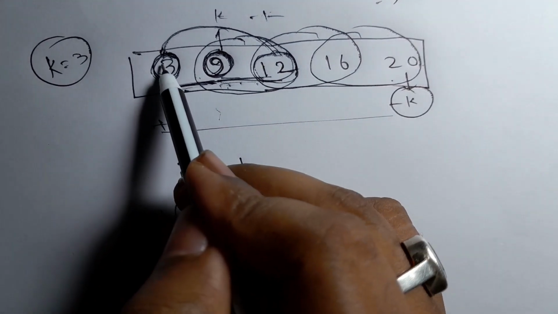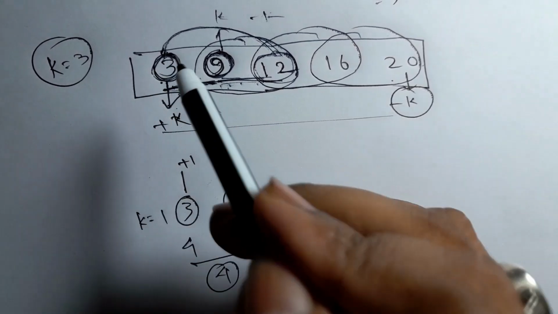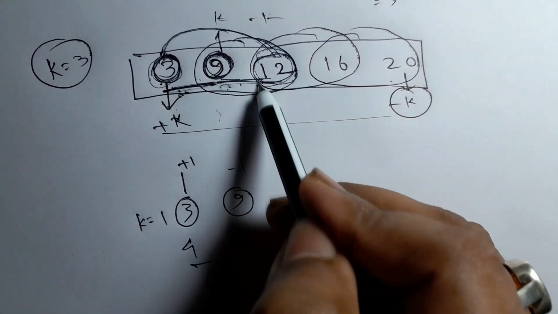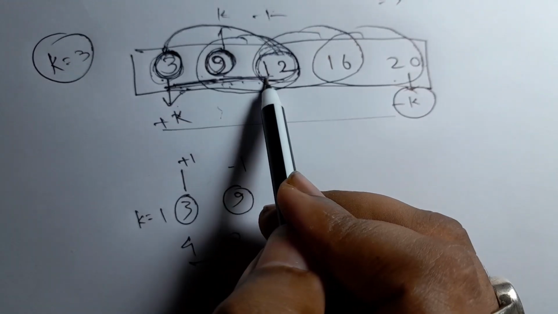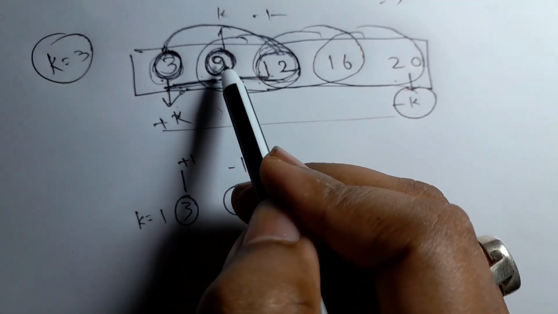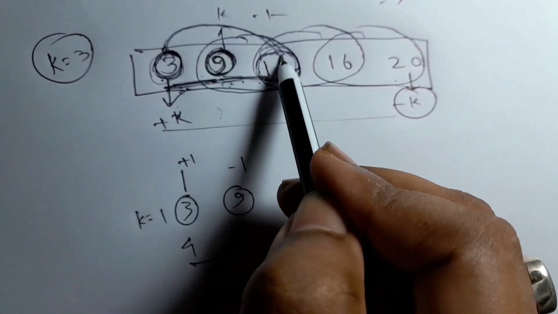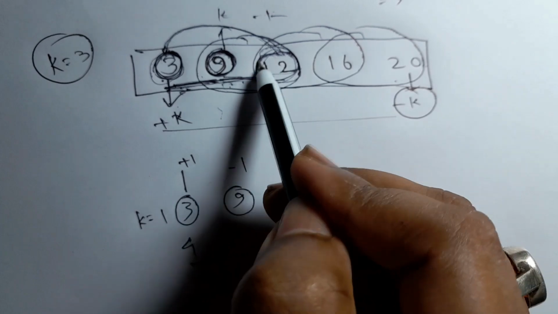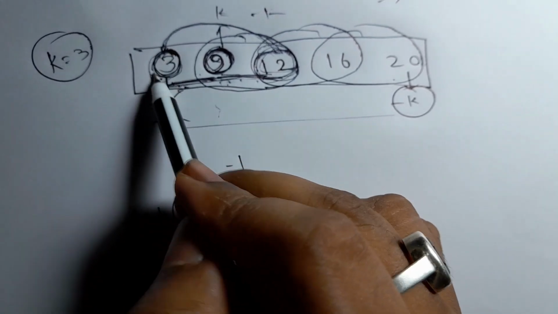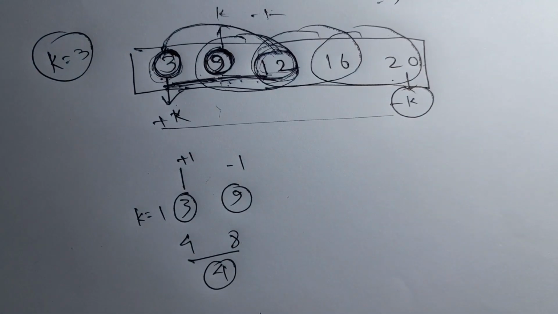And if we do the operation between 3 and 12, then the difference will be higher than between 9 and 12. So we have to do the operation between 9 and 12, not 3 and 12. Up to this I think it is clear.